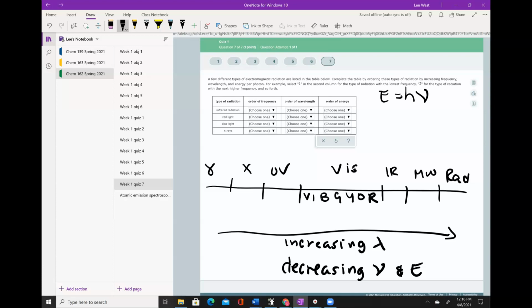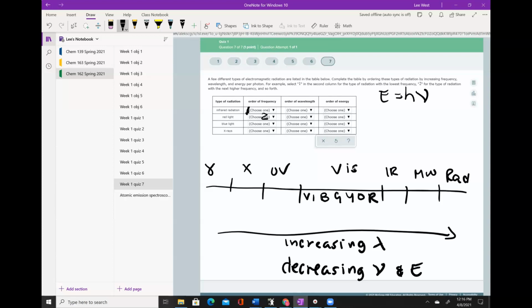So increasing energy or increasing frequency is going to be going right to left. So what do we got? We're going to head along through here. Do we have radio waves? No. Do we have microwaves? No. Do we have infrared? Yes. So infrared is going to be our lowest frequency, so that's going to be 1. Do we have red? Yes, we do. So that's going to be number 2. Do we have orange?